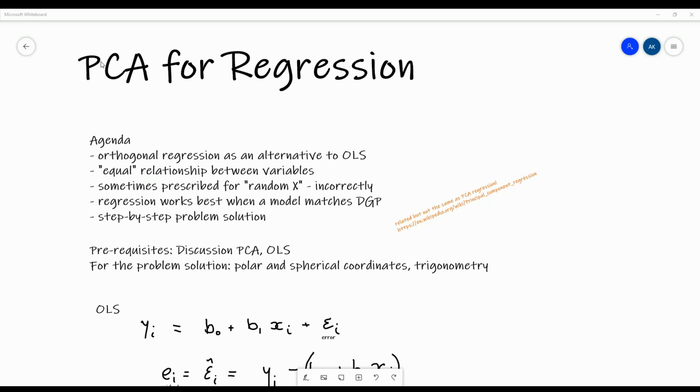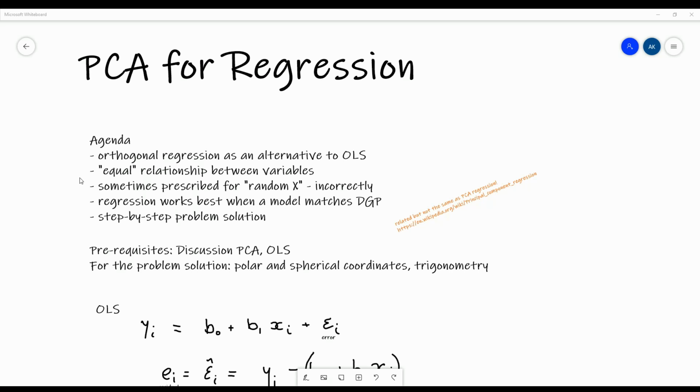Our agenda is that first we're going to look at orthogonal regression as an alternative to OLS. That will be the first approach we will consider. We will see where it's applicable when we think that the relationship between variables is equal, not like dependent-independent type of thing in ordinary least squares regression.